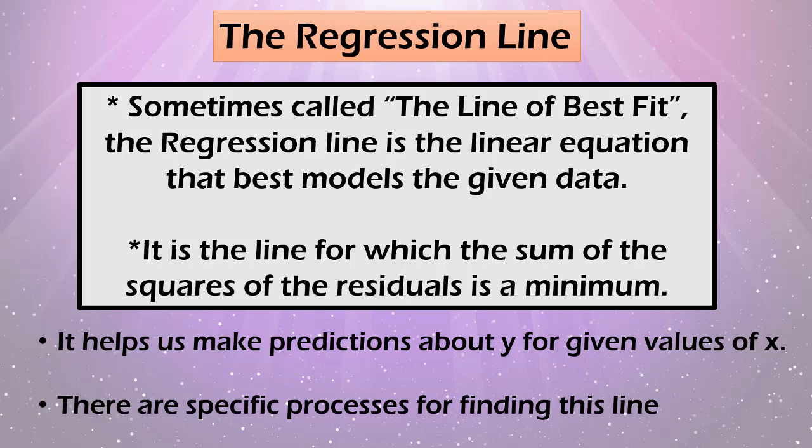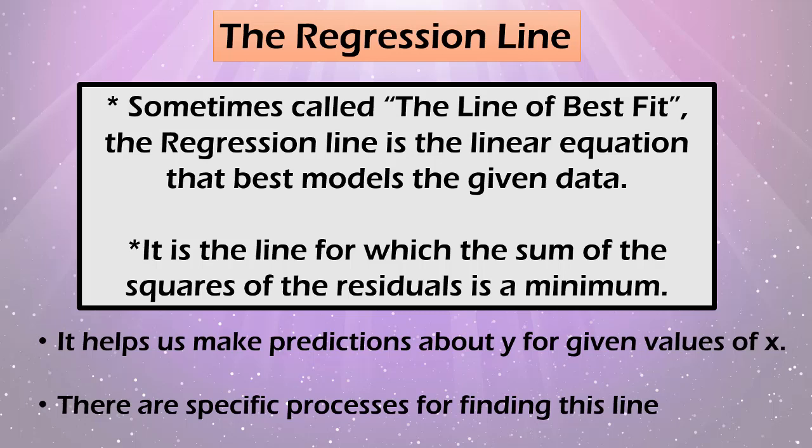Remember, when we did deviations, we followed a formula, and some of the deviations turned out to be negative and some turned out to be positive, and that caused a problem for us because distance shouldn't be negative. The same kind of thing happens here when we're computing a residual, where points that are below the line give you a negative residual and points that are above the line give you a positive residual.